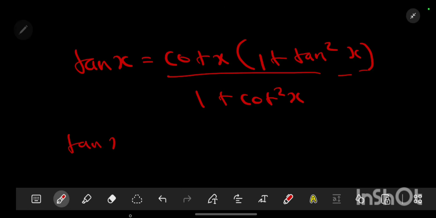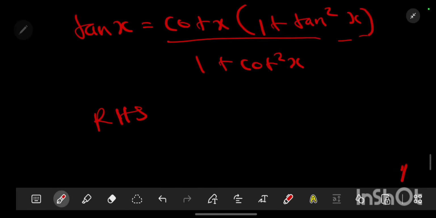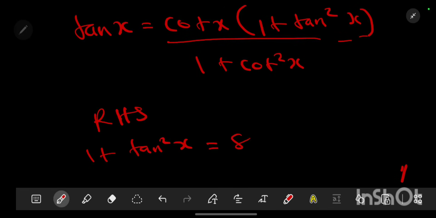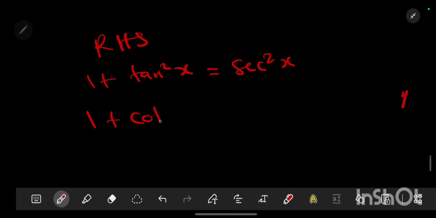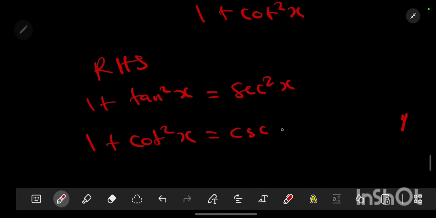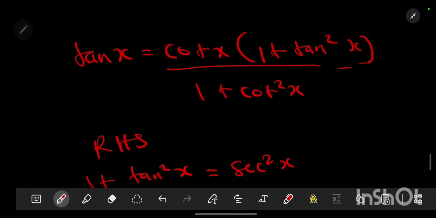Let's pick the right hand side. Whenever we have 1 plus tan squared of x, this should be equal to sec squared of x. Then 1 plus cot squared of x is equal to cosec squared of x, like that.